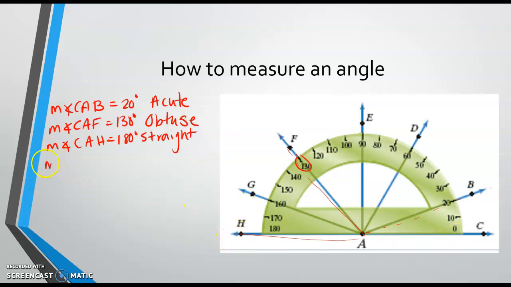And then if I'm finding the measure of angle CAE, here is E. So from C to E is 90 degrees, which is a right angle. I could, or they could, put a square here to indicate that that is a right angle.